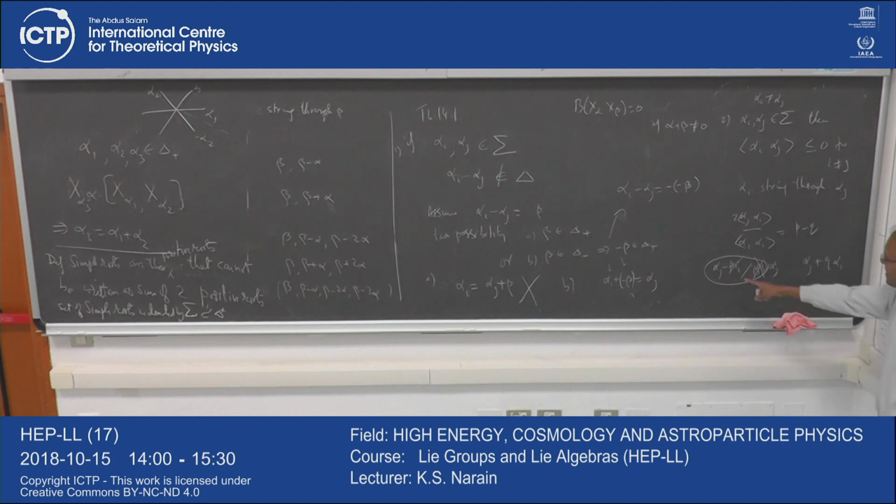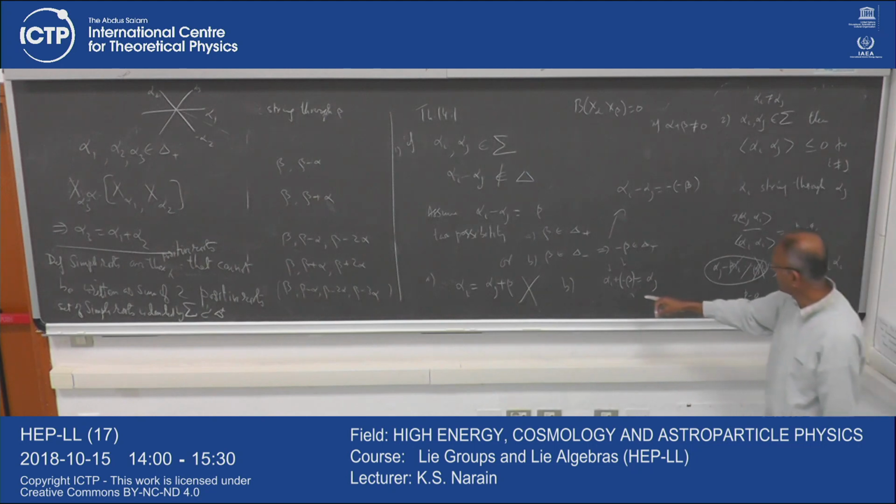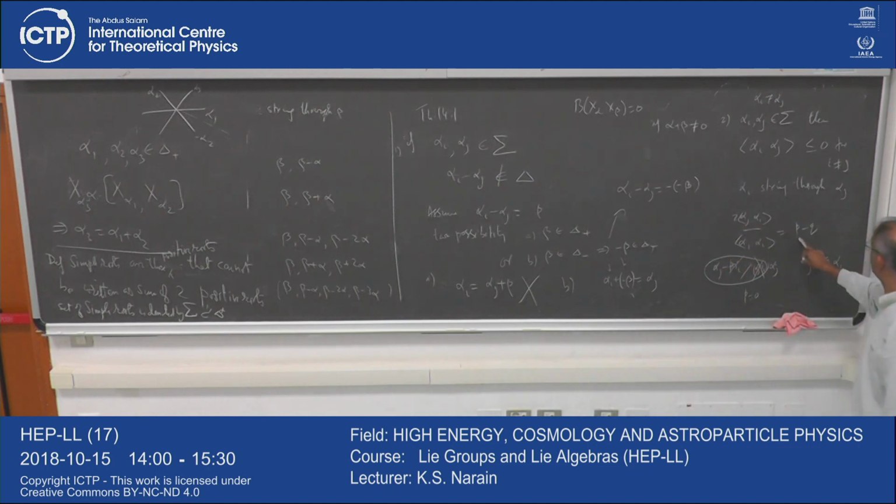That means P is 0, Q can be non-zero. But since this is equal to 0, we are saying this is less than or equal to 0. That's that statement. It's always negative.